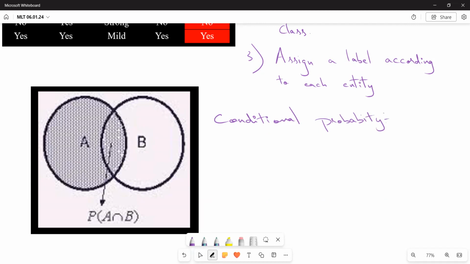What is given here? This diagram represents conditional probability for you.